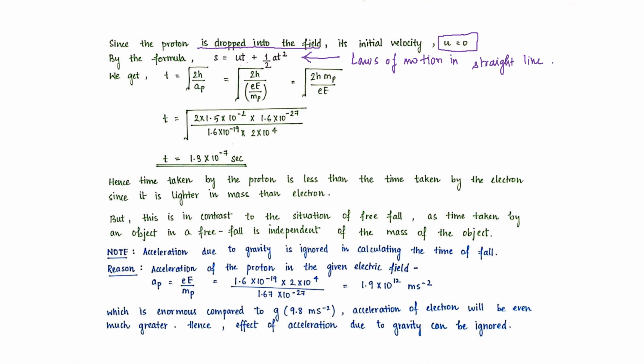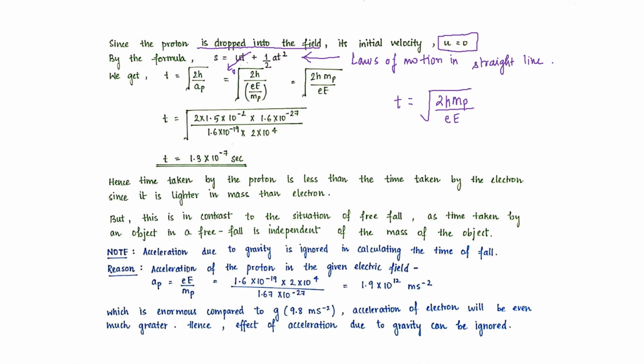Okay, and by substituting all the values ut will become 0, and again doing the same thing which we have done for the case of electron, we found t equals under root 2 × h × mass of proton divided by eE.